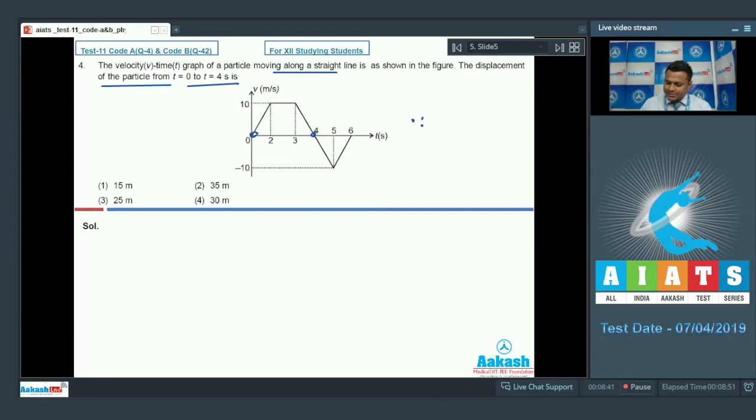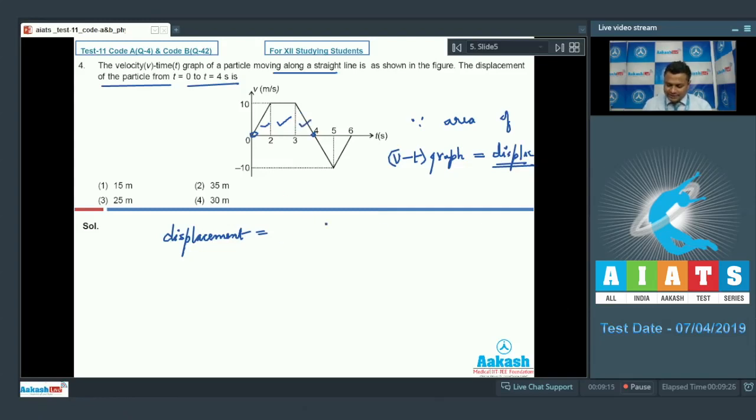So, since area of velocity time graph gives displacement, we have to calculate the displacement covered from 0 to 4 second interval. So, we have to calculate that much area only. So, here displacement will be this triangle area plus this rectangle area plus again this triangle area.